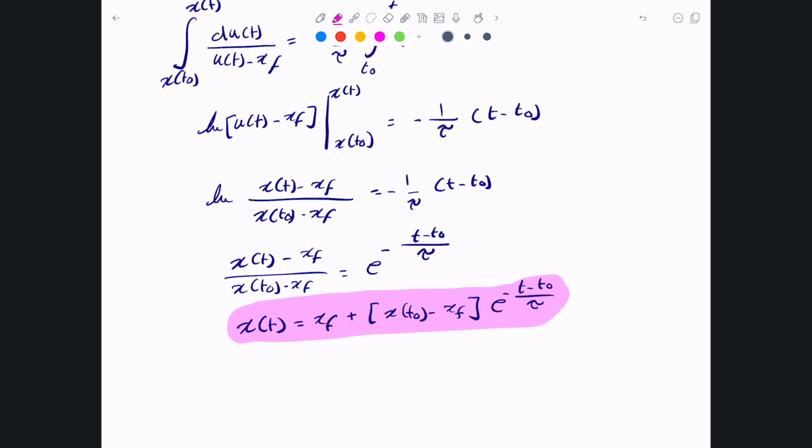No matter what the x is, no matter what the f is, it's the same. So let me explain it. x of t represents the voltage or current in a circuit. What you need to do is find the final value of it, after switching and waiting for a very long time. What would that value be? This is the same value in here.